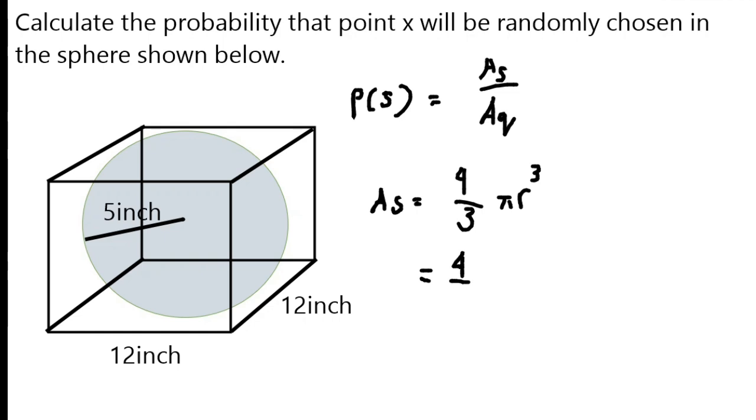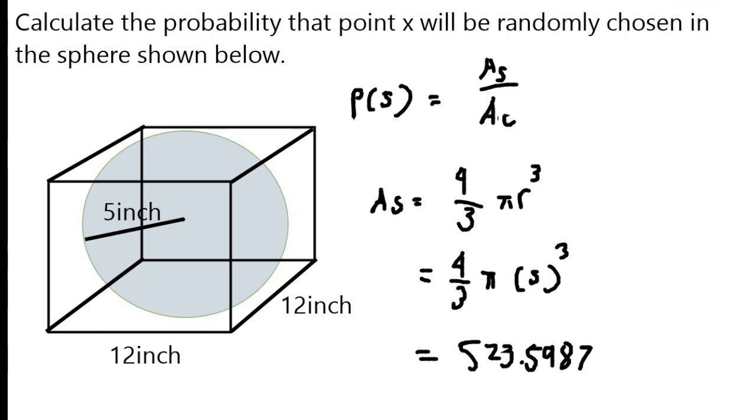The volume of the sphere is 4/3 pi r cubed. The radius is 5 inches, so we're just going to raise it to the third power. Using our calculator, what we will have here is 523.5987756 cubic inches.